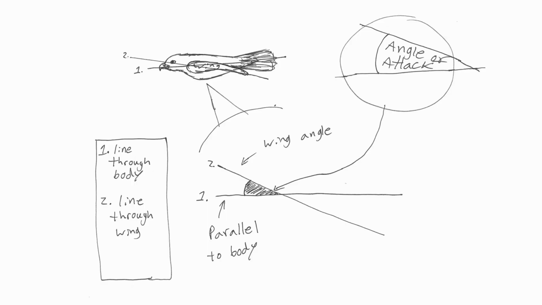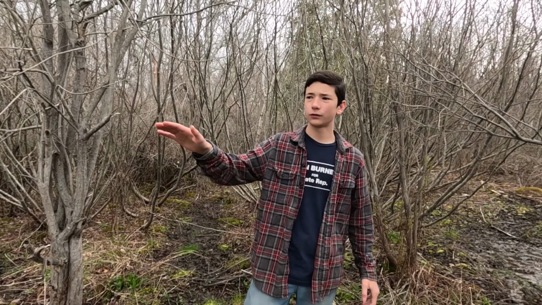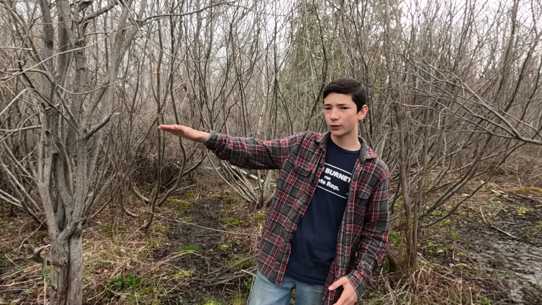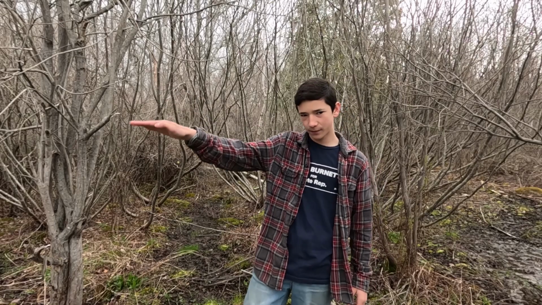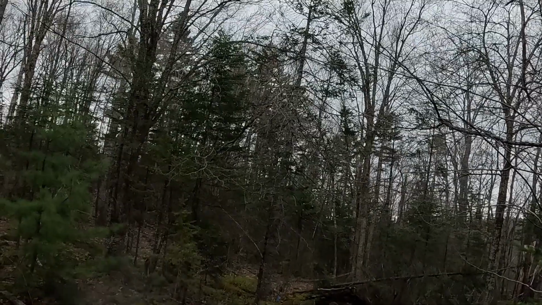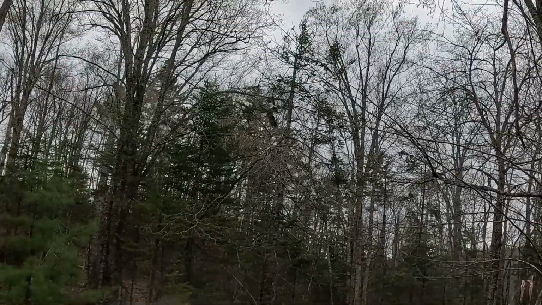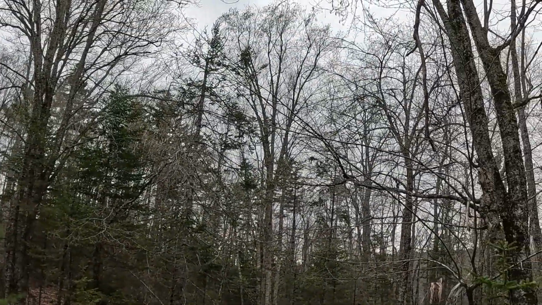But it's also not just that, they also angle their wings, kind of like when you're riding in the car and you stick your hand out the window and you angle it up or down, you can feel your hand moving up and down like that. Birds will do the exact same thing with their wings. They'll angle it up or down in order to control how the air flows.